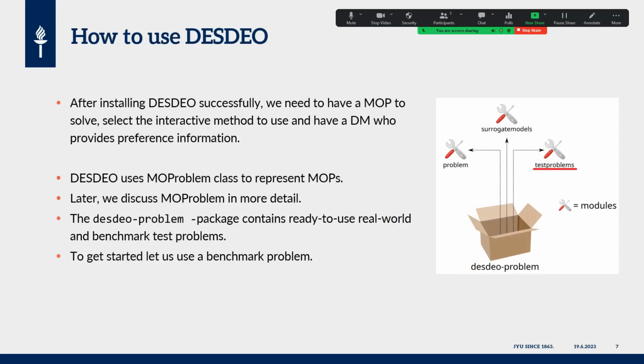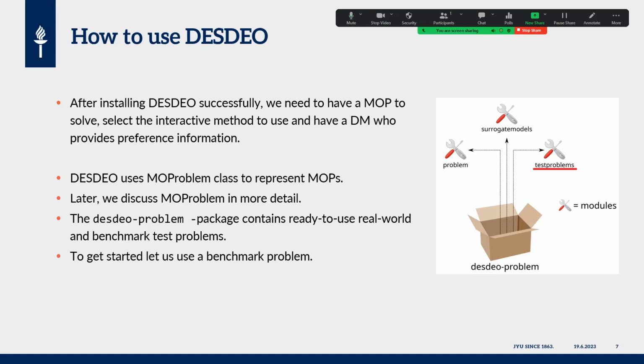Okay, so everything works out nicely, especially on this slide. We have a working version of DESDEO right now. So now we need a multi-objective optimization problem, and then we need to select the interactive method to use to solve it. And of course, we need decision maker preferences, the point of interactive methods.